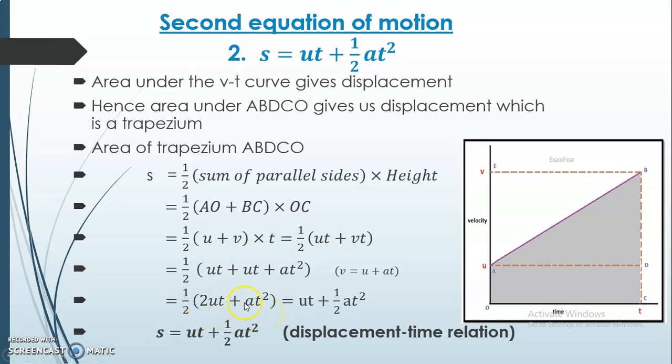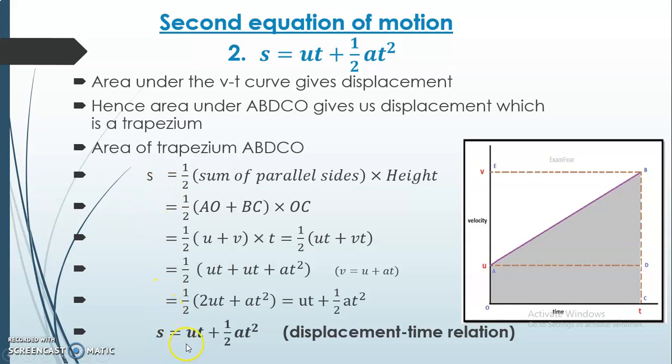Correct. Now you can open the brackets. This half gets multiplied with 2UT, it gets cancelled over here and you will get only UT, and this half also gets multiplied with this AT square, so it becomes half AT square. Okay, so this was displacement, it was continuing from here only.